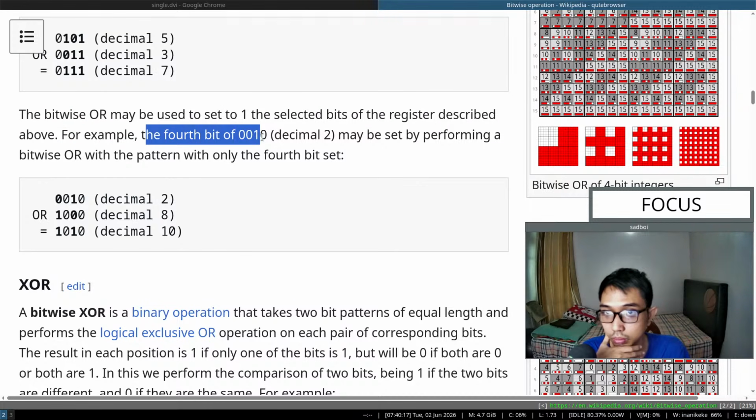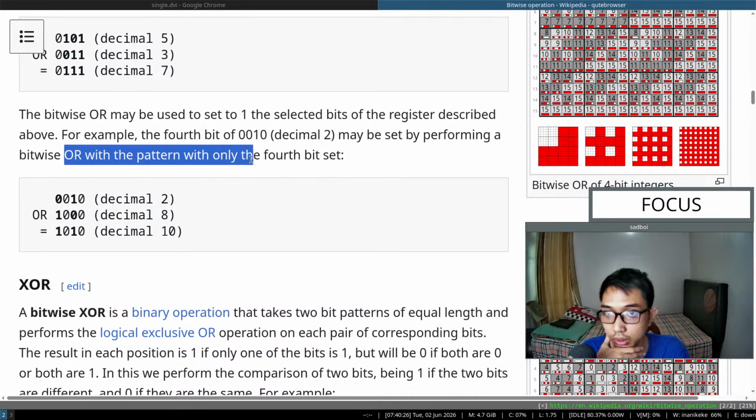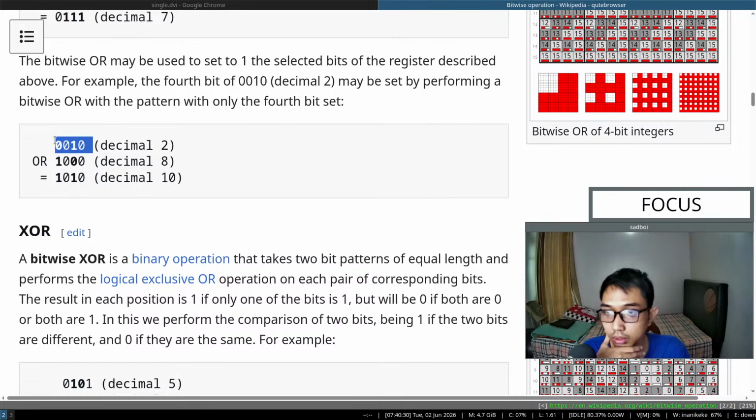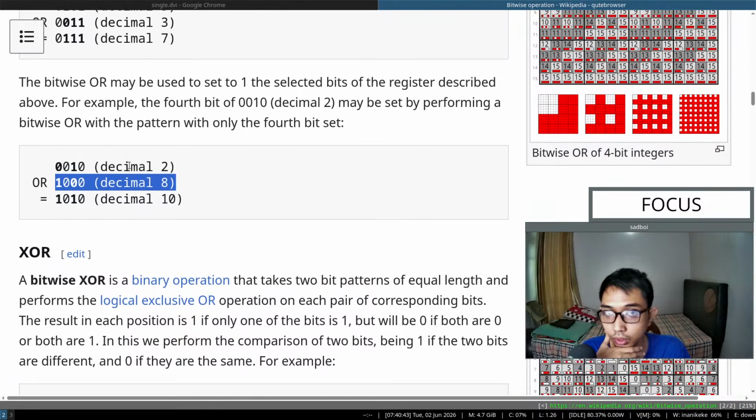Example, the fourth bit may be set by performing a bitwise OR with the pattern with only the fourth bit set. This is decimal 2. Then this one is decimal 8. Maybe set the 4th bit.